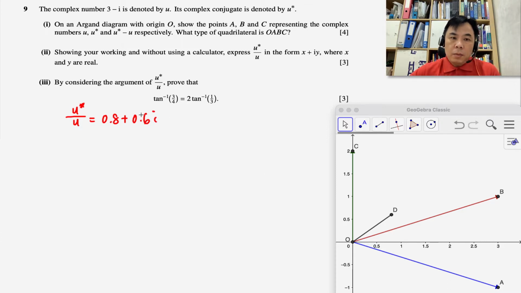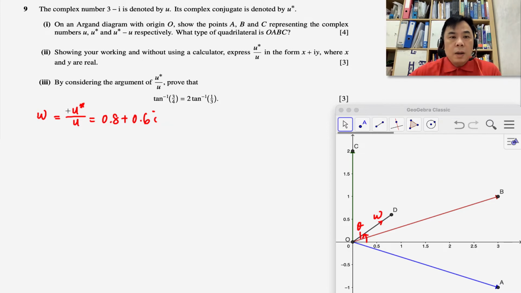I have represented this complex number, which I will label as w, on the Argand diagram. You can see that it is represented by the point D here. This is w, and its argument I can label as theta.